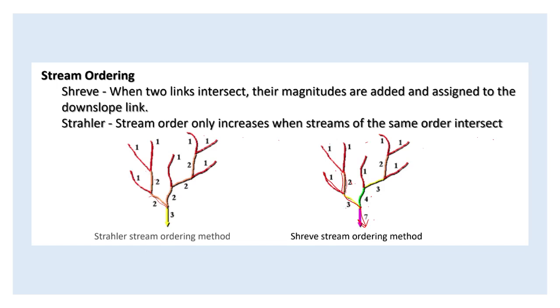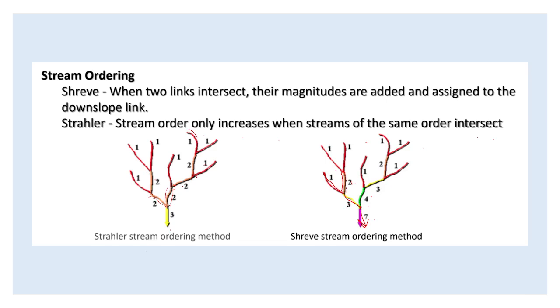Same number means it is promoted to the next number. But with 1 and 2, it is not given the next number but rather the higher order number, so that is 2. Again here 2 and 1 gives 2, but here we have 2 and 2, so it gets 3.